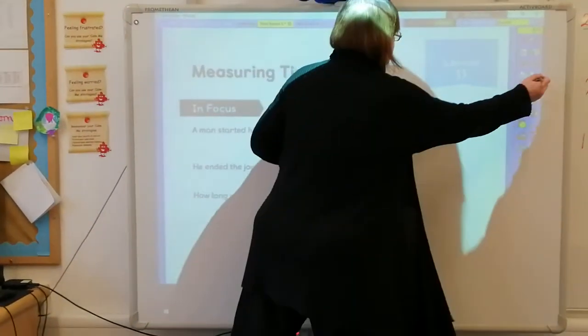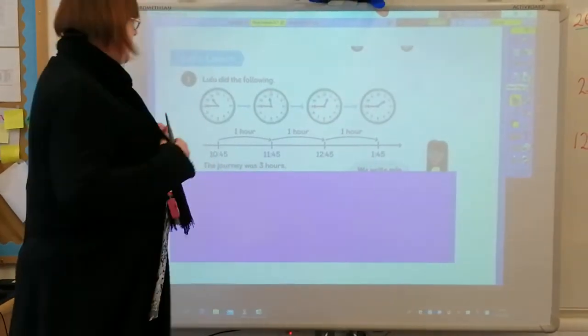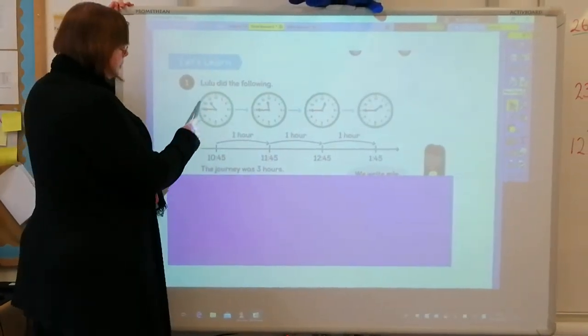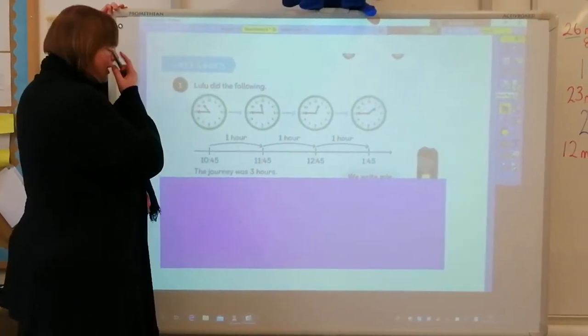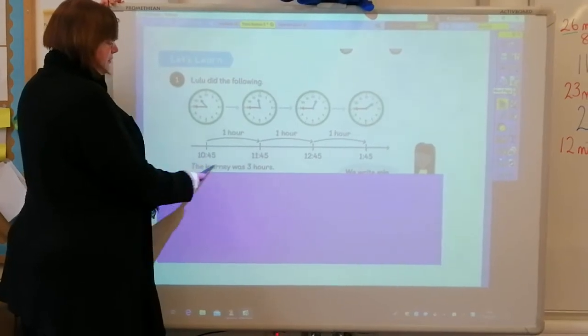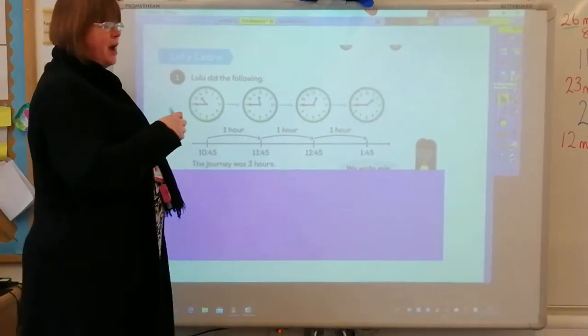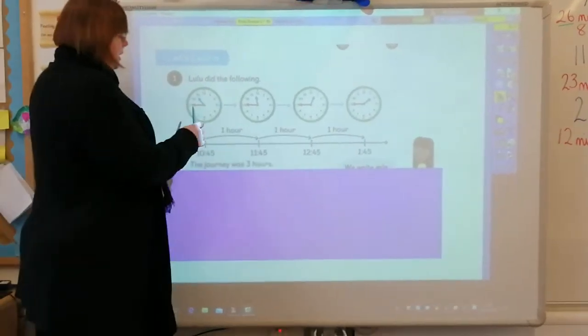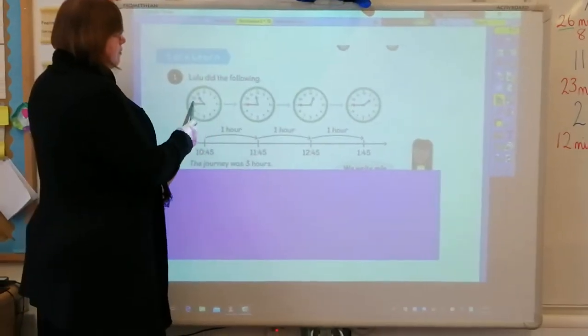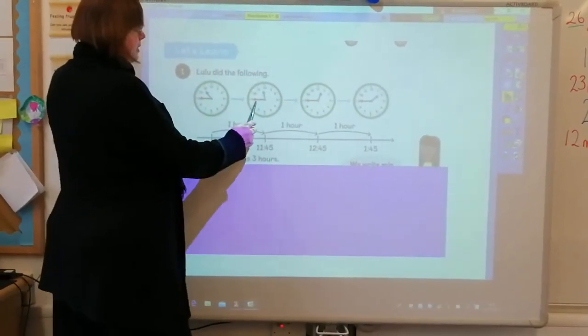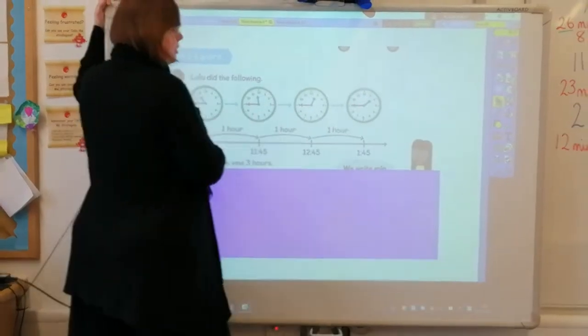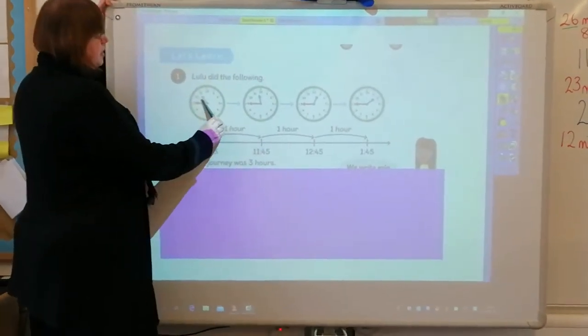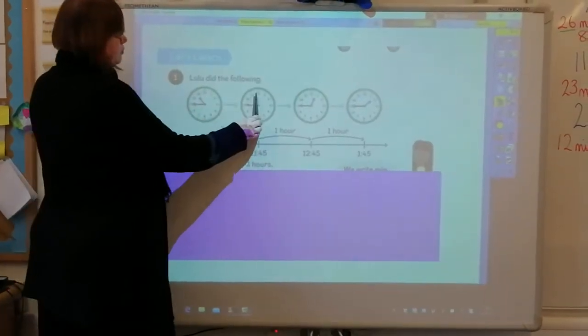Okay, right. I'm going to show you how me and Lulu would work this out. So we know that 11:45 is the same as 10:45. We've done lots of work on that and you've been doing a great job. We're adding an hour on every time because we can see that the minute hand doesn't move. So every time the hour hand moves, it's 1 hour.